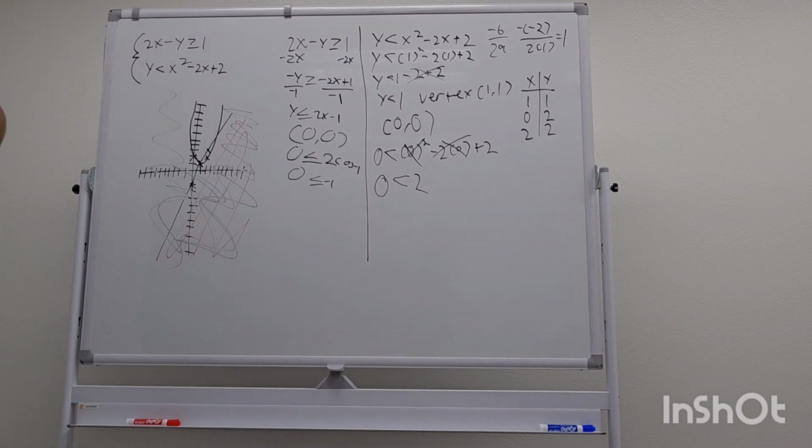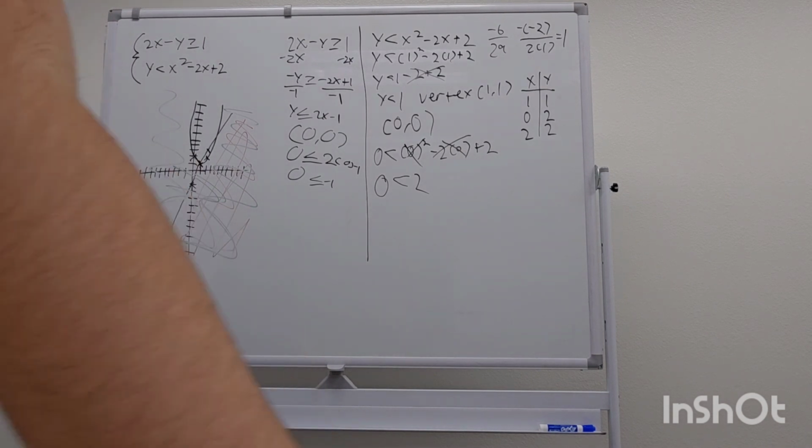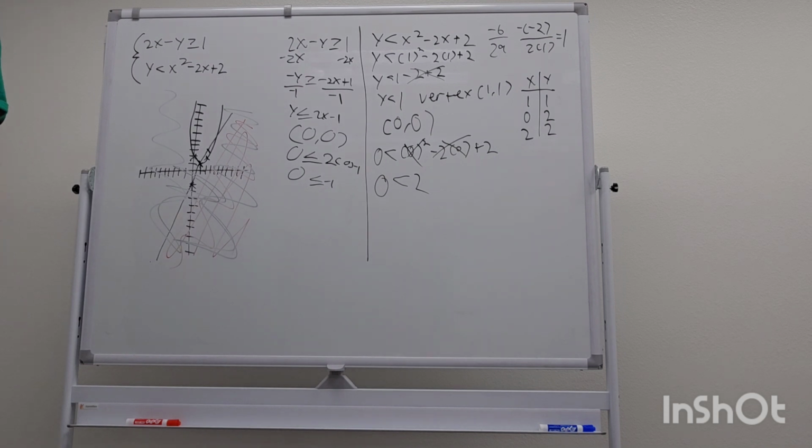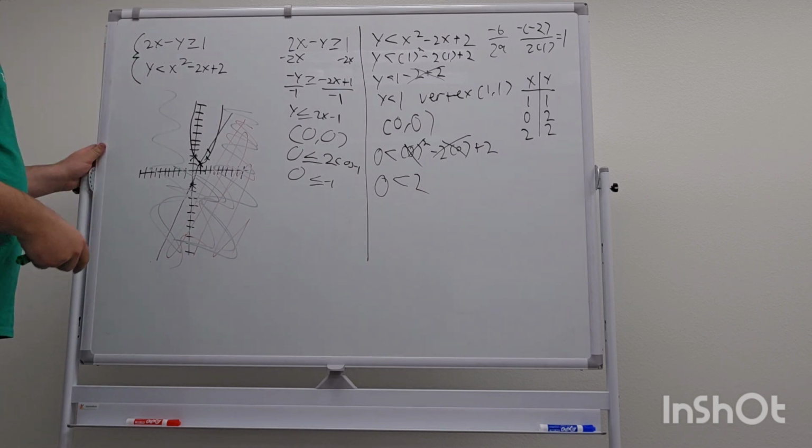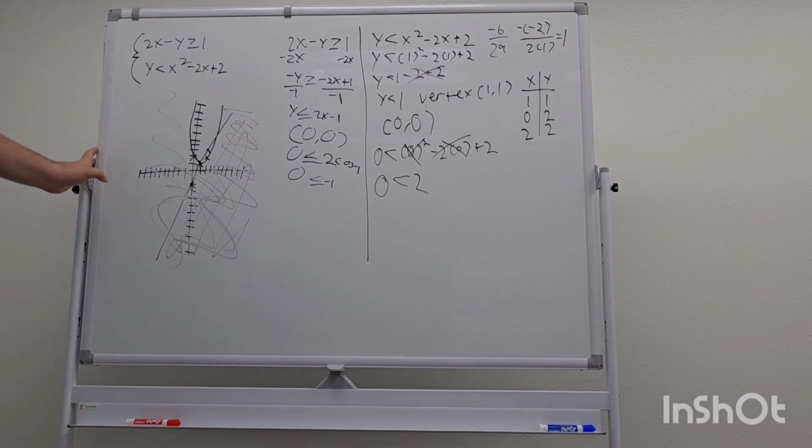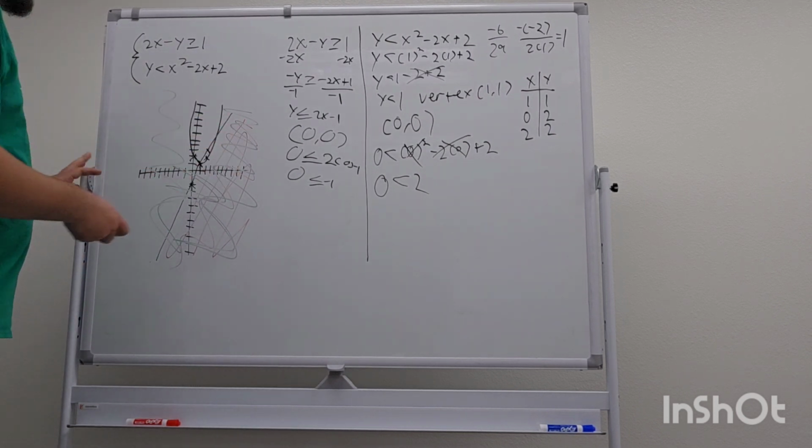Starting to look a little messy there. And now we want to know, what is our solution? Well, our solution area is the area where our two inequality shadings overlap.